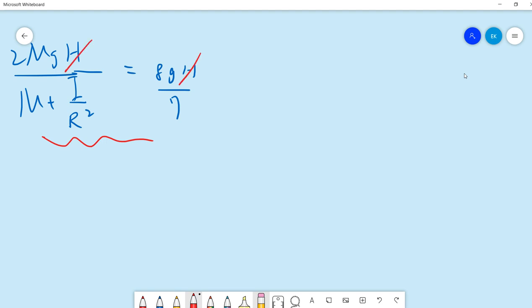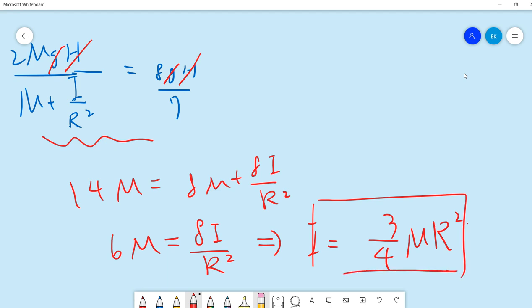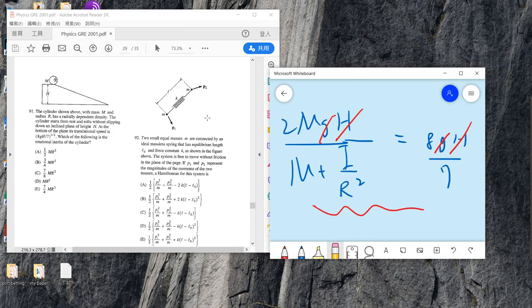So divided by h divided by g. What we have is 14m is am plus a over I over r squared. So 6m a over I divided by r squared. So we get I is, okay. So the answer is B.